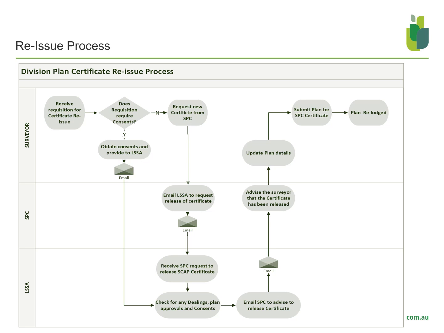If fresh SCAP is requested, the surveyor should be supplying LSSA a request on their letterhead for us to release the SCAP back to SPC. The status of the plan from the decision table in the PPG highlights whether the surveyor also needs a statement in their letter regarding the applicant's consent, or whether the conveyancer should be involved as well, because dealings have already been lodged.